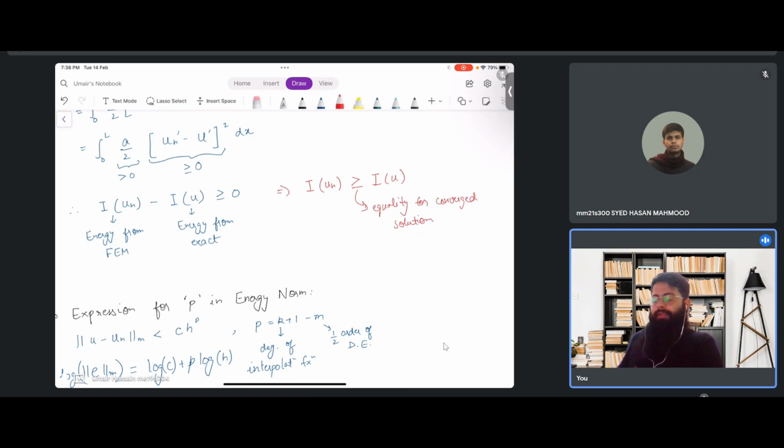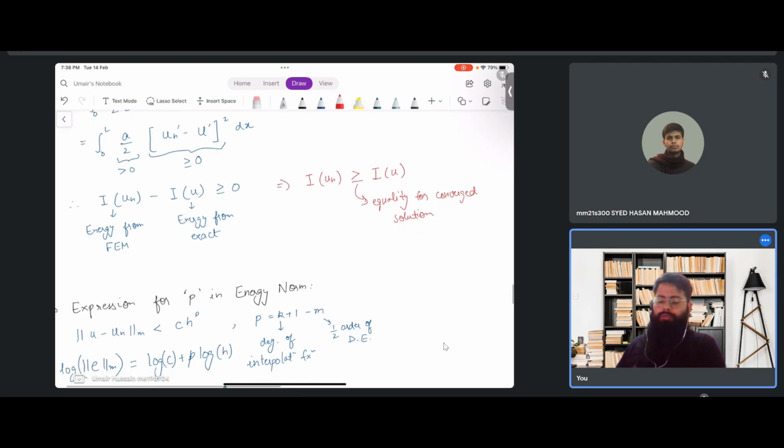However, if we think about it, there is one more way we can guess this thing intuitively. Suppose we take the derivative of this FEM solution, right?